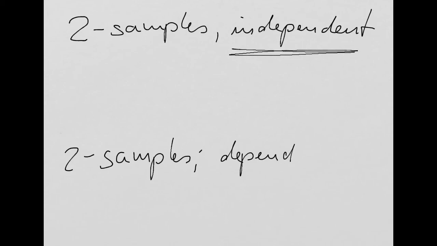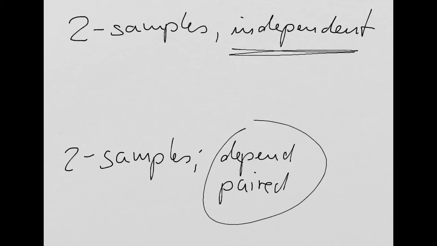So the samples are paired, because they are from the same student. I use the same lot again. That is the dependent or paired t-test.